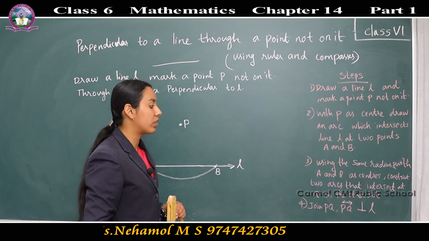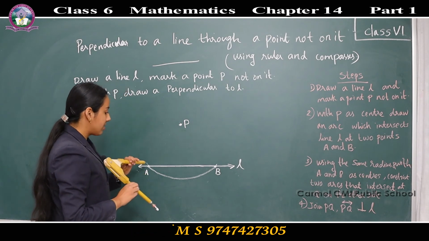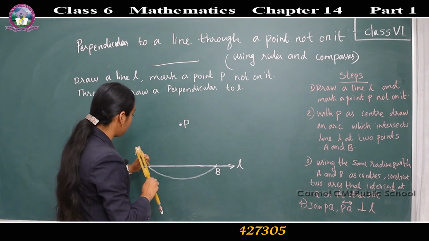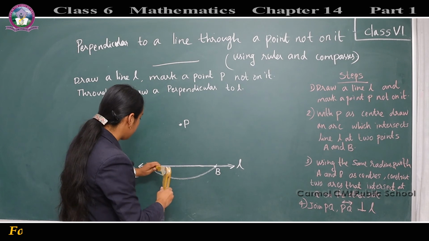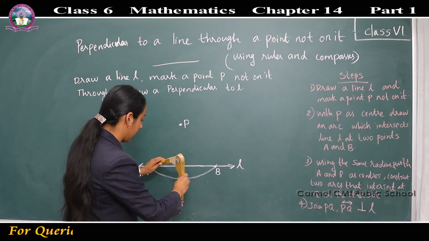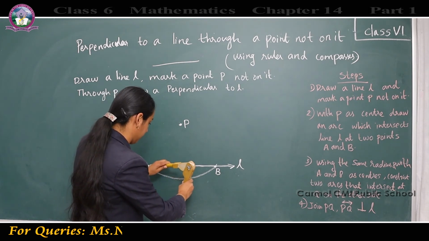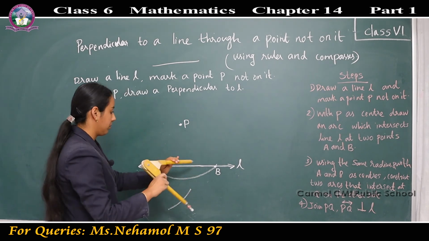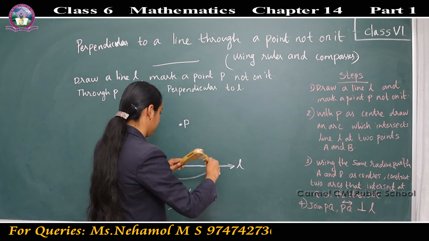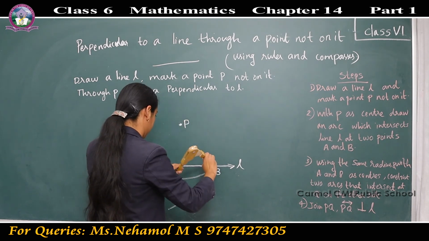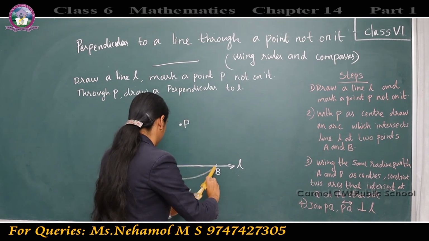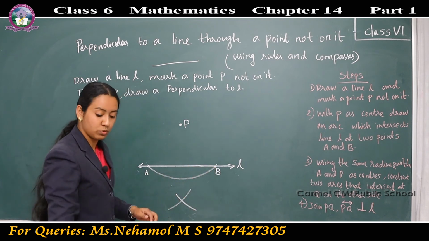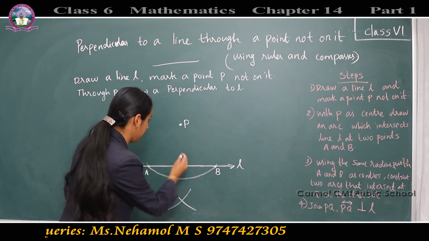Now, using the same radius and with A and B as centers, construct two arcs that intersect at Q on the other side. So, as in the previous case, we draw with A and B as centers. Now join PQ.